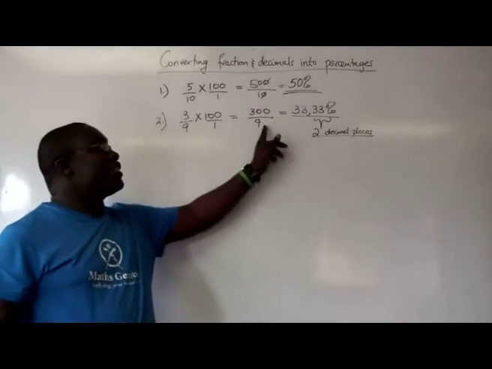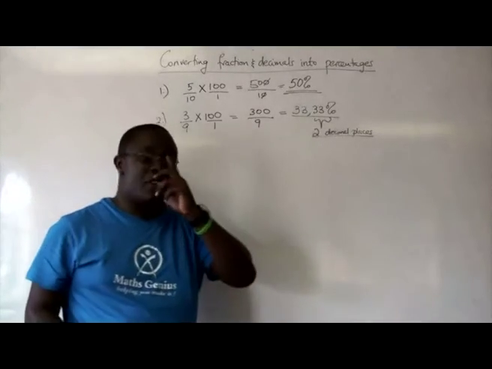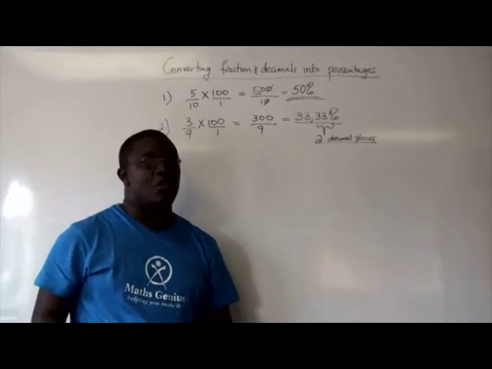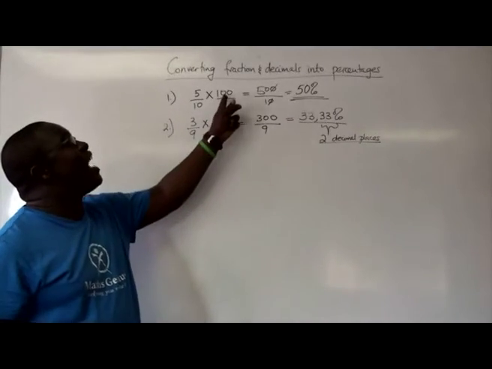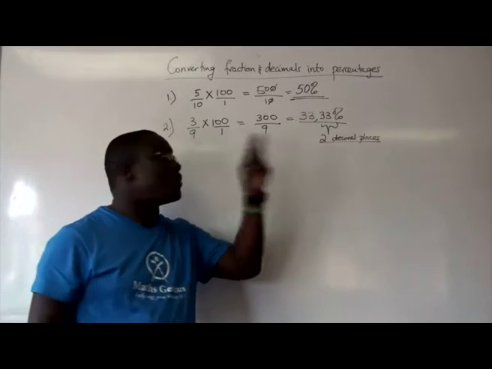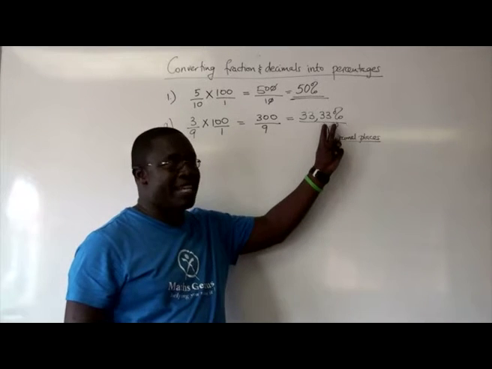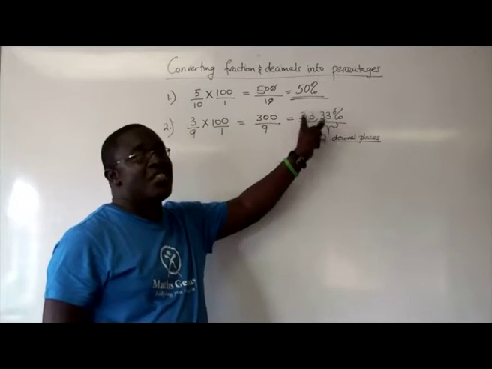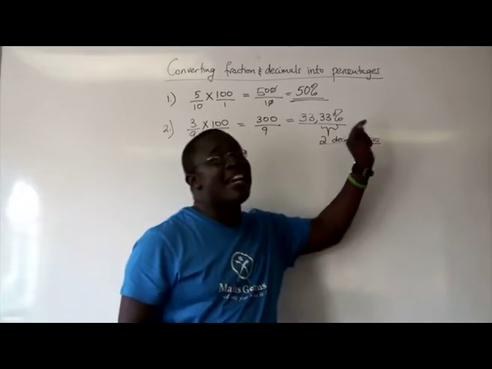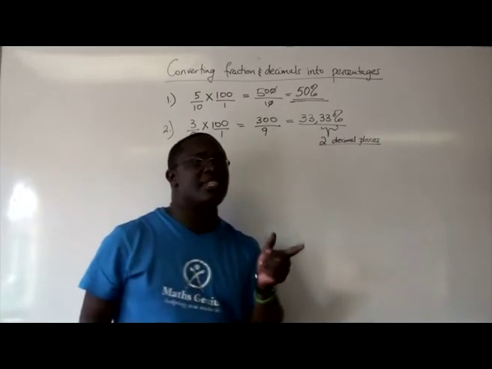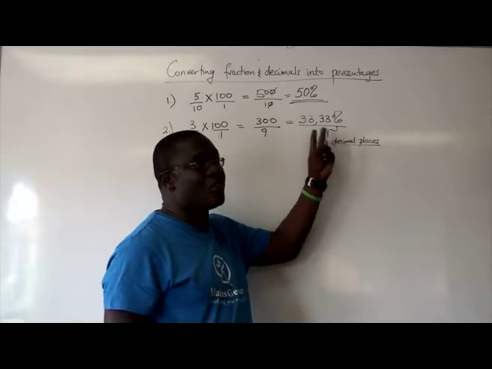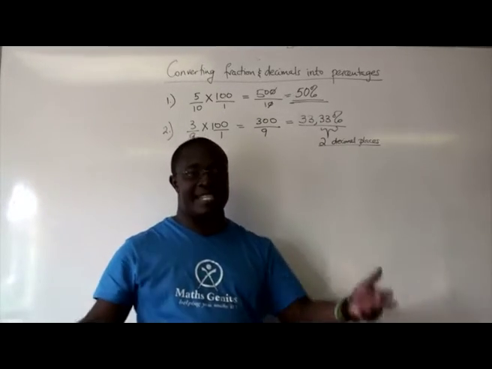Once you do the division, make sure that if you're dealing with percentages, it's always going to be to 2 decimal places. Why? Because it's out of 100. So the 2 zeros are our guiding lines when we come to the decimal places. That's why I stopped at 33.33, because this was going to be recurring. It was going to be 33.33333 forever, right? But I stopped at 2 decimal places. Why? Because it's a percentage.